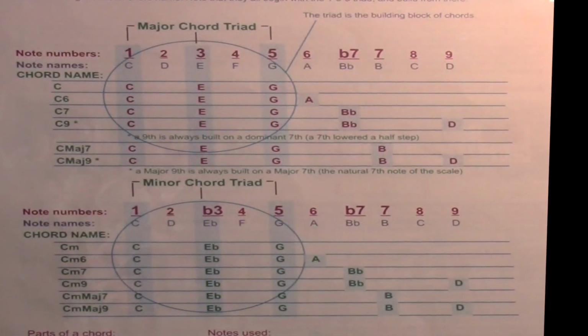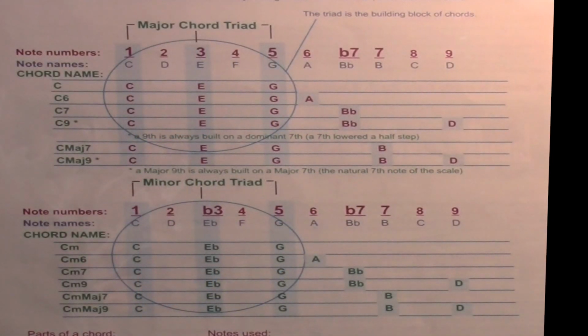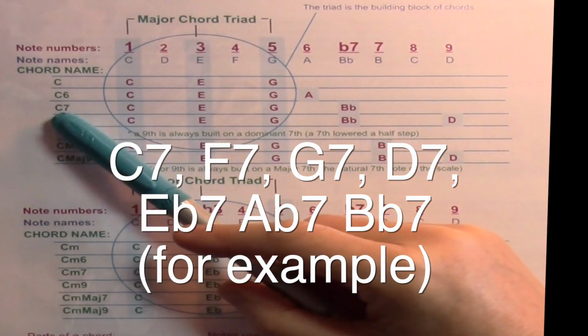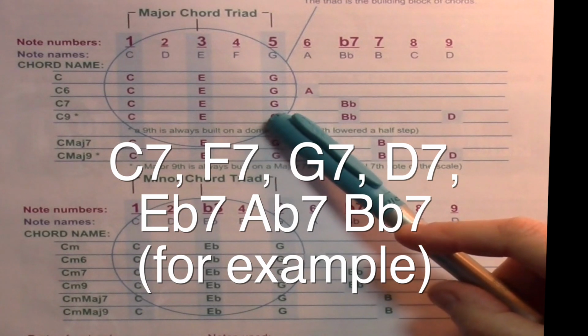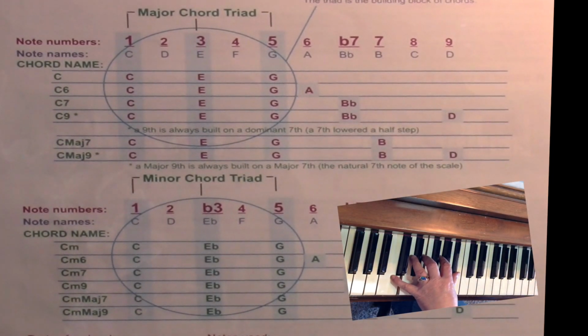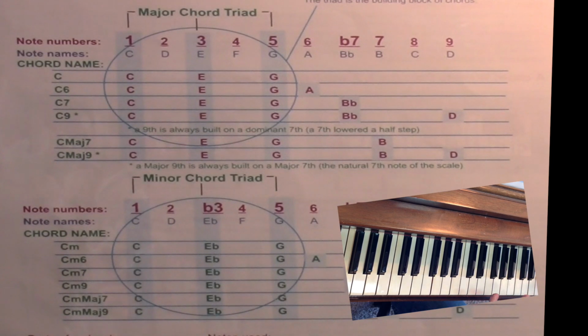Just to recap, when you see the name 7 in a chord, for example, here on this chord chart, C7 means a C major chord with a lowered seventh added. That's very commonly used when you're going to switch to the fourth chord up from C, for example. It makes you want to resolve it to a different chord.